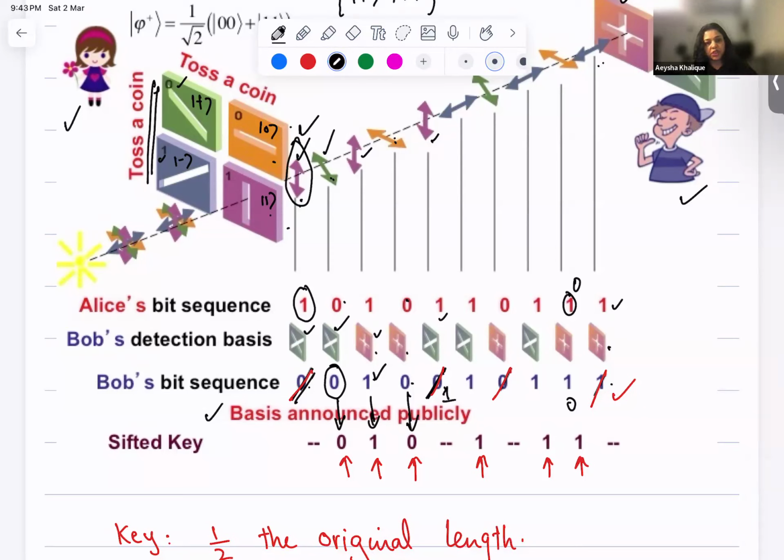If they do not have the shared key before, they can employ this and distribute the key. And then once the key is there, they have done the sifting process, and they know that they have the same key string. Then they will be able to use this key to encrypt the message using the Vernam cipher, right? That we talked about earlier. Because the Vernam cipher is the only cipher that is mathematically proven to be secure. And we are trying to distribute the key which actually fulfills those conditions that we talked about earlier.